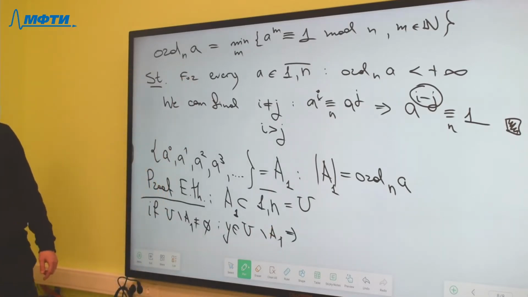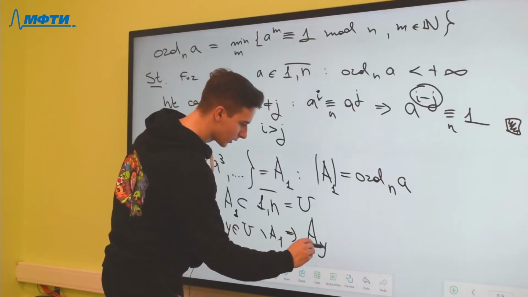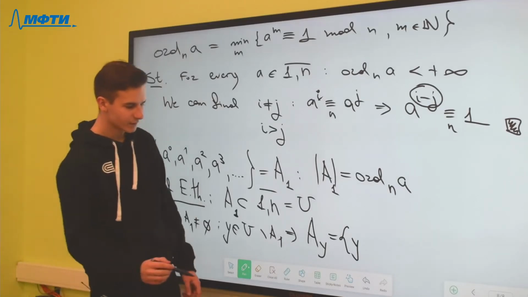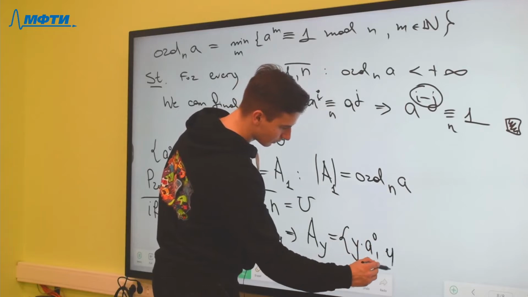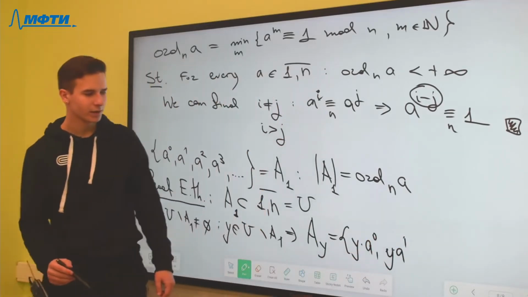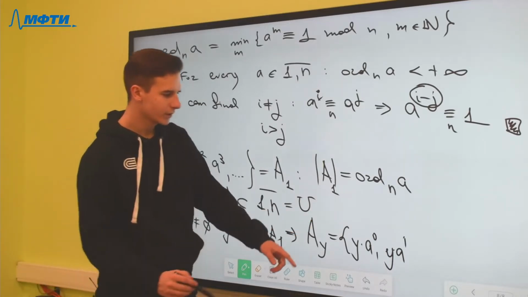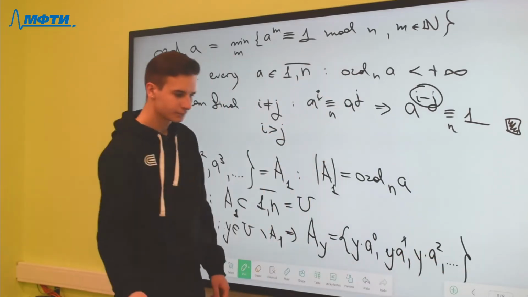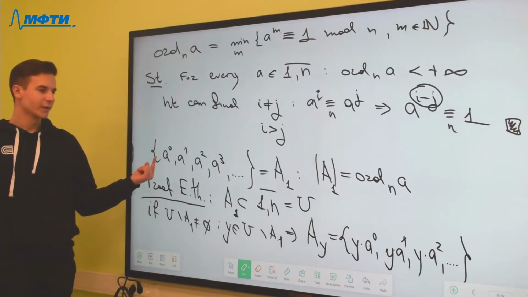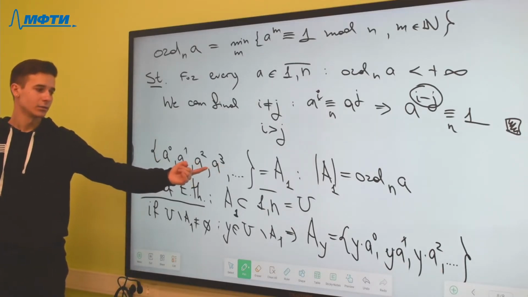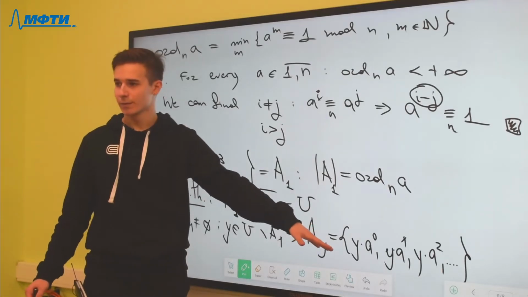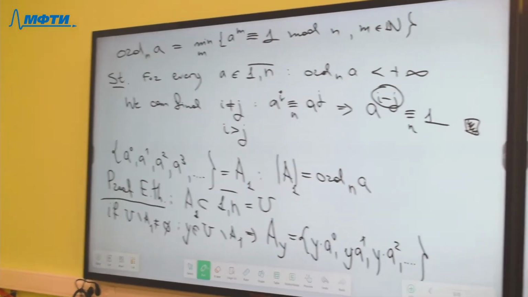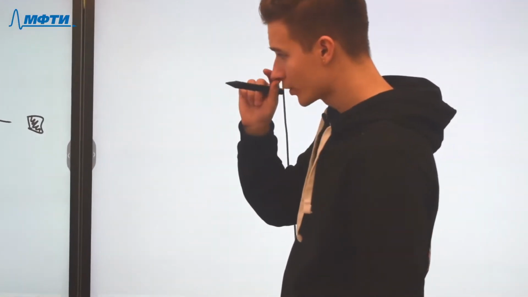Then I define a y as a set such that it is y multiply a power 0, y multiply a power 1, y multiply a power 2, etc. And we know that this set is finite, then this set is also finite. So then we repeat this motion.